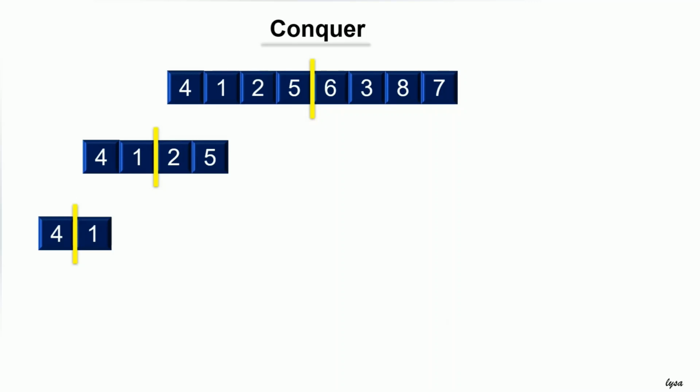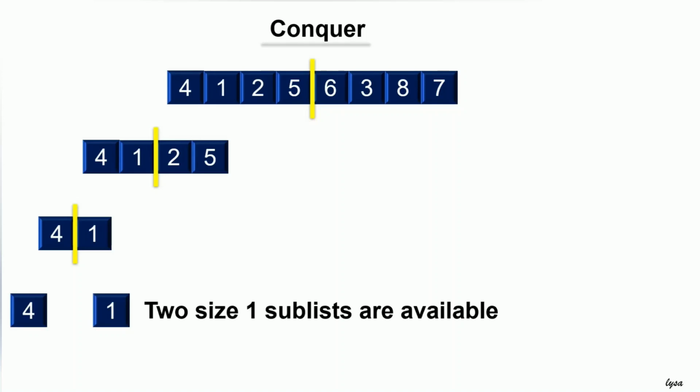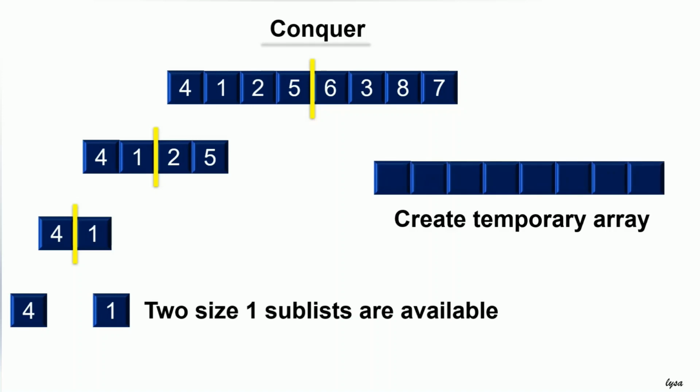Let me conquer it. So to conquer it, I take 4, I take 1, and now the two sublists of size 1 are available. I will first create a temporary array, which is initially an empty array. Now, in the temporary array, in the first position, I need to fill it.